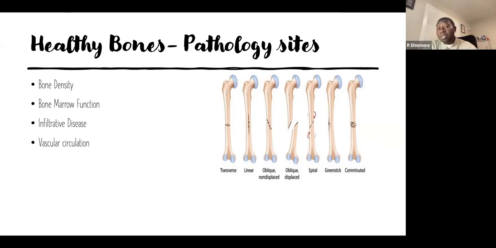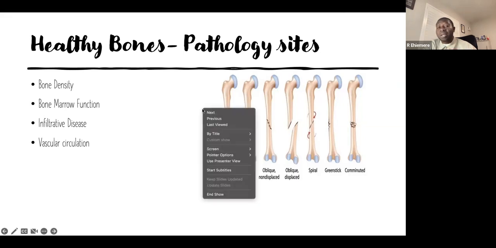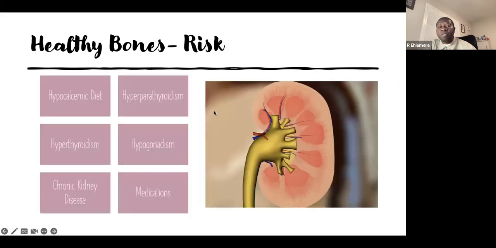If you cut out circulation to the bone, and this usually happens in the bones of the hip, the head of the femur, you can have what we call avascular necrosis. And there are so many risk factors, which we're going to be talking about next, for some of these threats to the health of the bone.